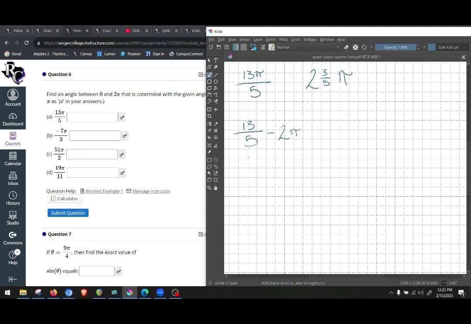Common denominator: 5 in the bottom, so let's multiply the top by 5. 5 times 2 is 10 pi. 13 pi minus 10 pi is 3 pi over 5.